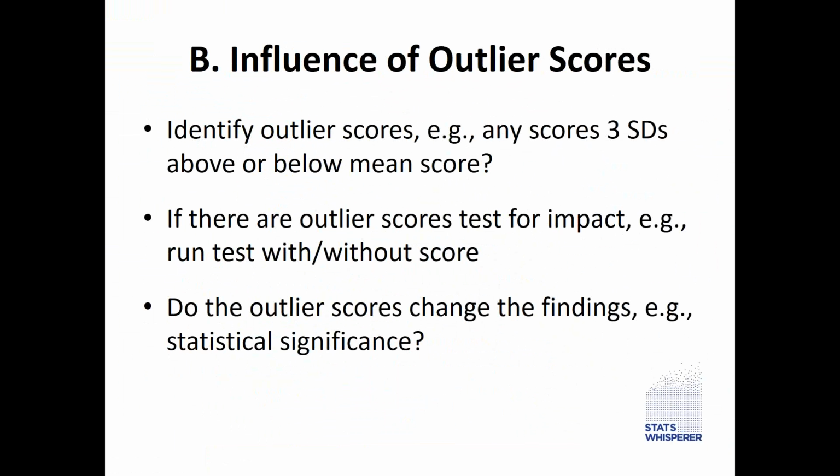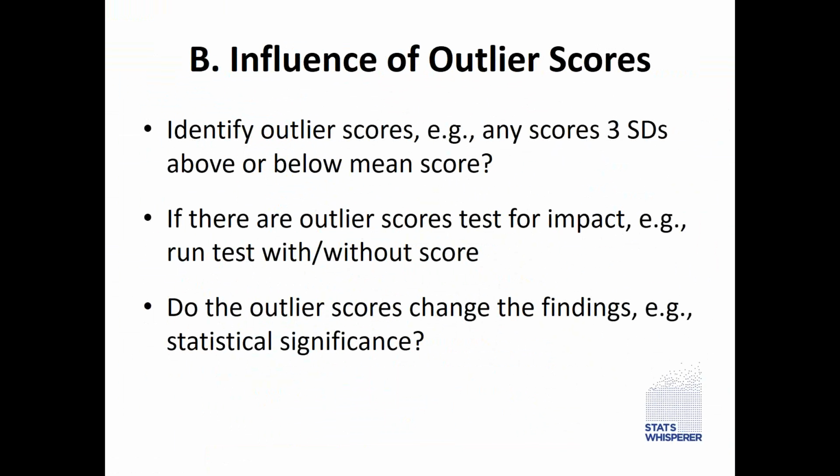Then we want to see if the outlier has undue influence on our study results. Remember, it's not the outlier that's problematic, it's the undue influence it has on the study results. In our case, because we're looking at difference scores, an outlier would be someone that had a huge change from pre to post.